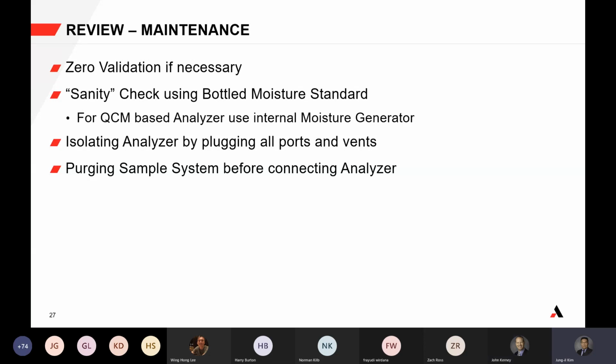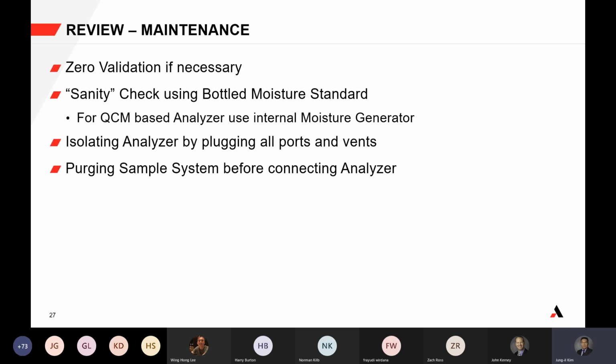One of the things too, if you get flow alarms during the switching, the best way to first debug the analyzer is to remove the capillary that has the fluctuation.